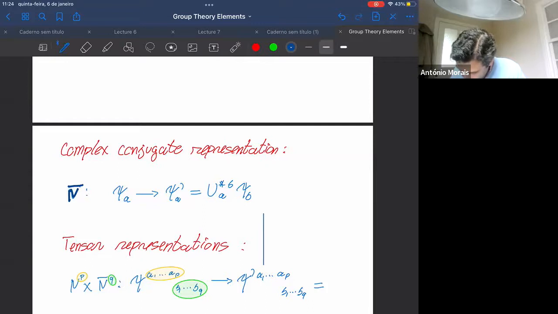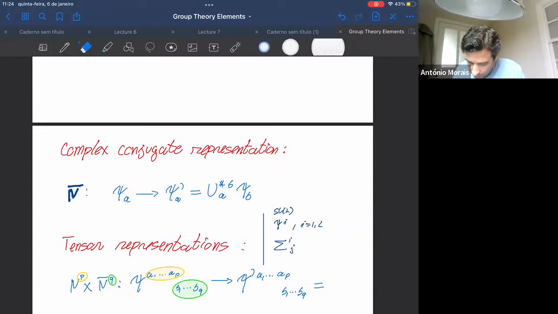So in SU2, we have seen something like psi I with I equals 1 and 2, and we also have looked into a sigma ij, which is a triplet. Let's say, with a little bit of abuse of language, this is a fundamental and an anti-fundamental.